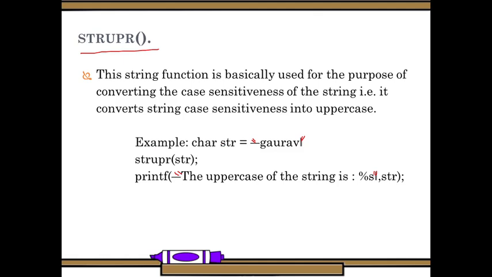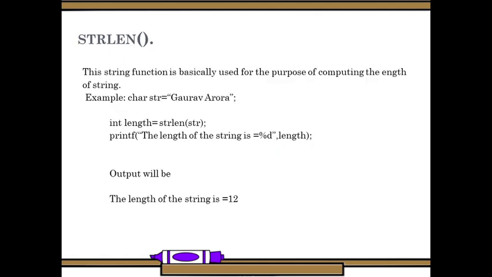Yes, we were discussing string length, where we have Gaurav Arora, and the length is equal to strlen of str. Then you can print the length of it. What will be the output? It is 12. How will it be 12? Because it counts the number of characters in a string.